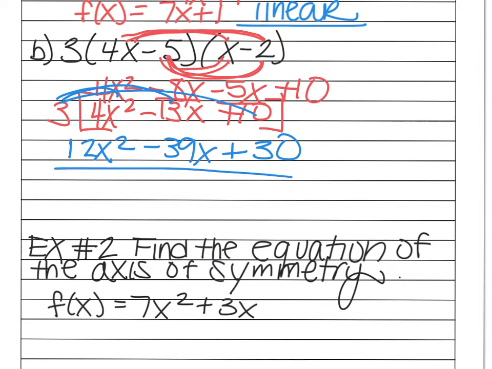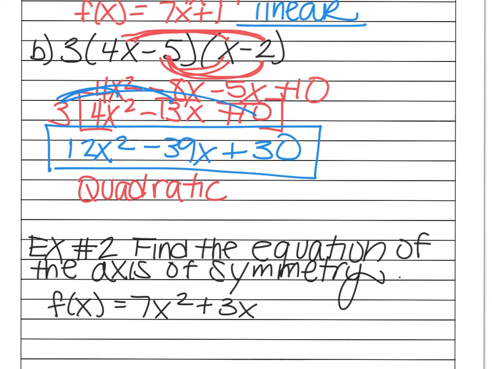Now that I've fully simplified this, I'm going to see if it's linear or quadratic. When I look here, my highest power is x squared. So that means that this is a quadratic equation, or a quadratic function. And now I must tell whether my parabola opens upward or downward.